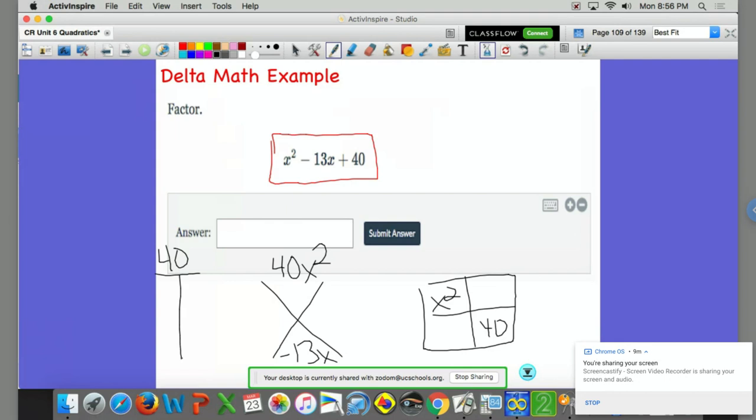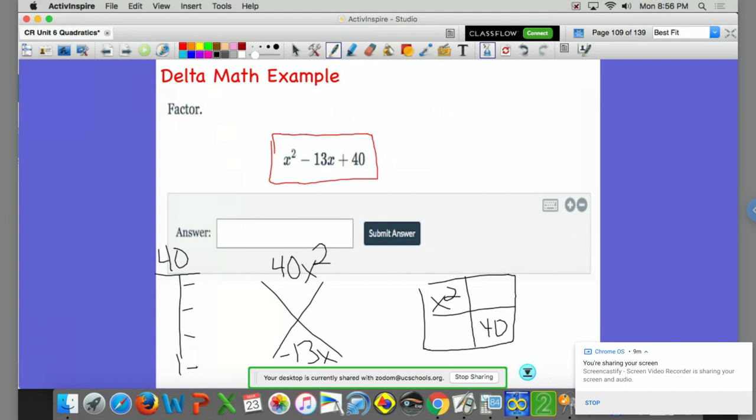And you know that your B is negative, your C is positive. So therefore, you know that your bigger term are all going to have to be negative. So set it up like that and then solve it.